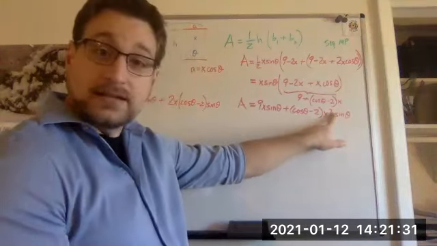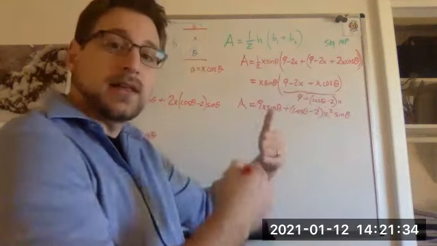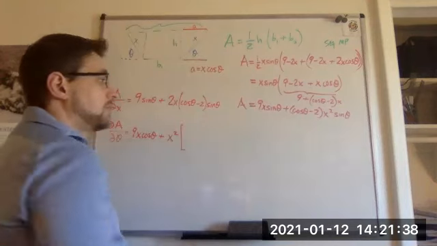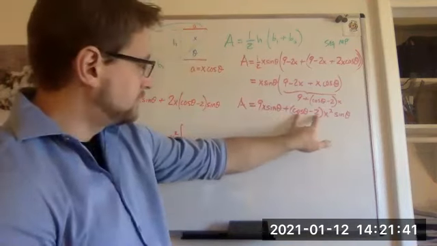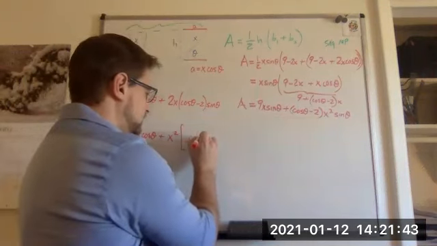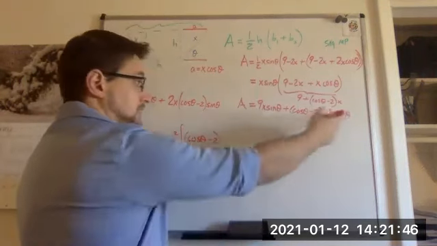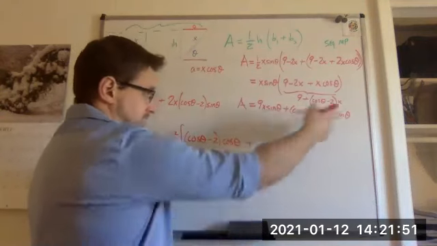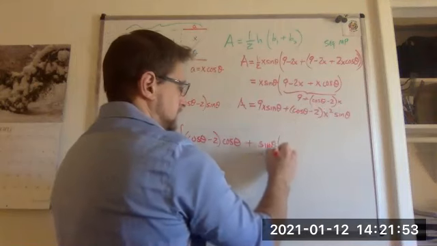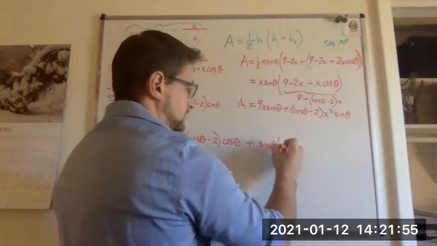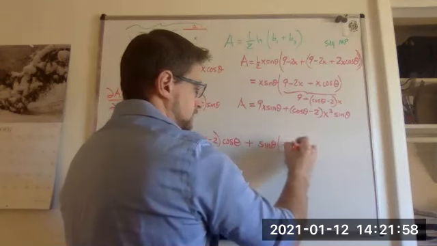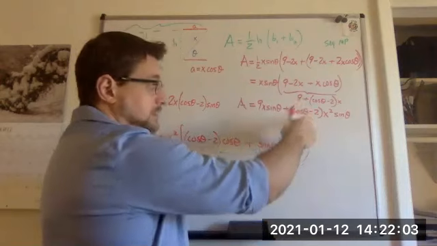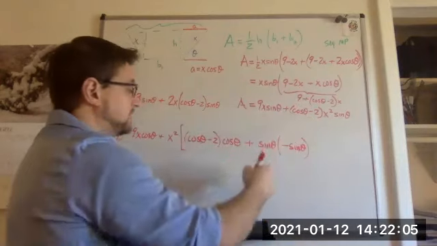X squared is our constant. We can keep that out front of the product rule: the first times the derivative of the second plus the second times the derivative of the first. 2 is a constant with respect to theta, so it becomes 0 in the parentheses there.